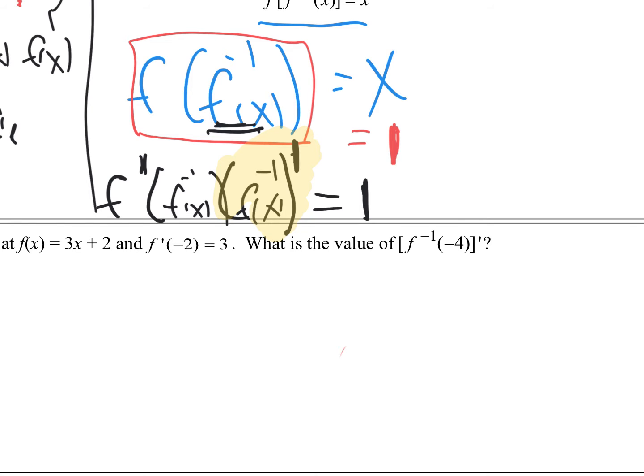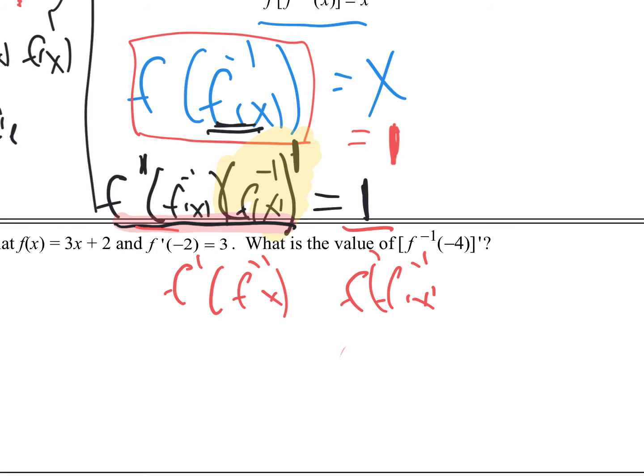Here is the derivative of the inverse notation, right there. I'm going to solve for what I just shaded in yellow. That means I'm going to divide both sides by f prime of f inverse of x. Divide that side by that, and divide the 1 by that. So 1 divided by f prime of some number.